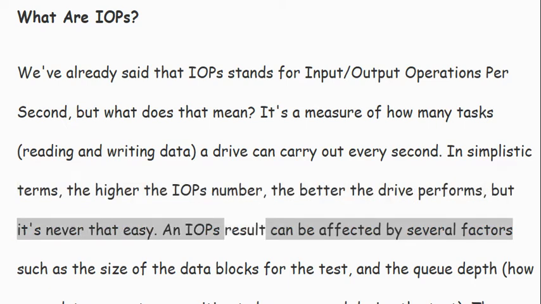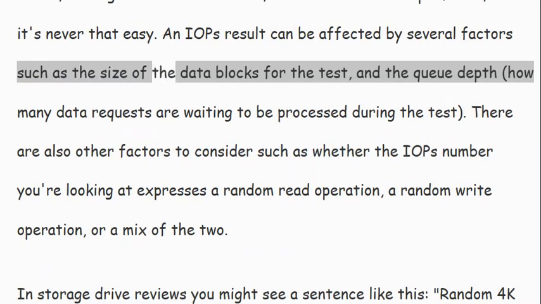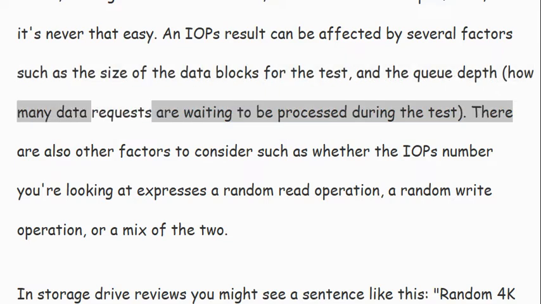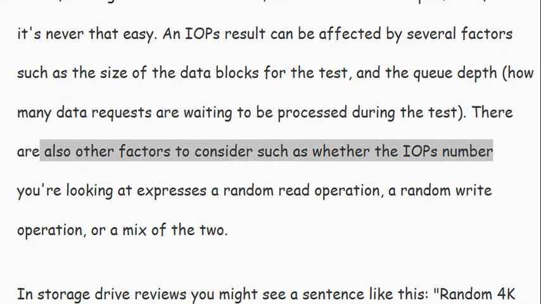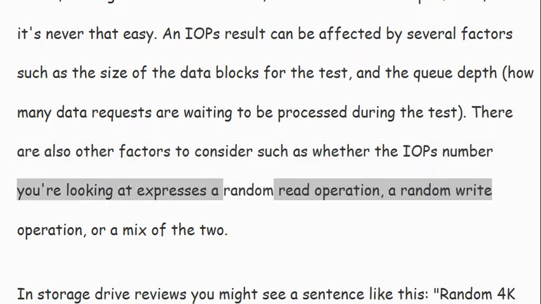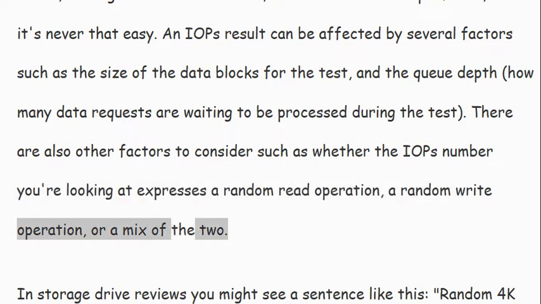An IOPs result can be affected by several factors, such as the size of the data blocks for the test and the queue depth, how many data requests are waiting to be processed during the test. There are also other factors to consider, such as whether the IOPs number you are looking at expresses a random read operation, a random write operation, or a mix of the two.